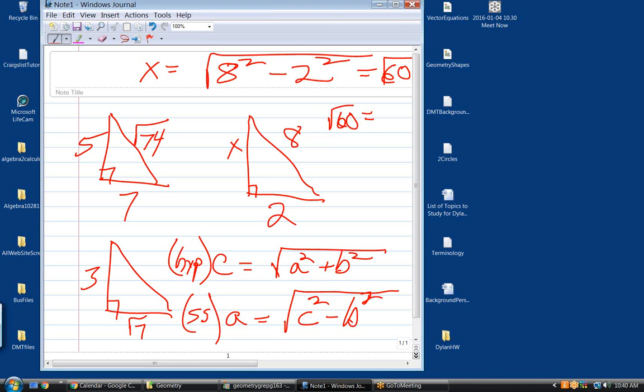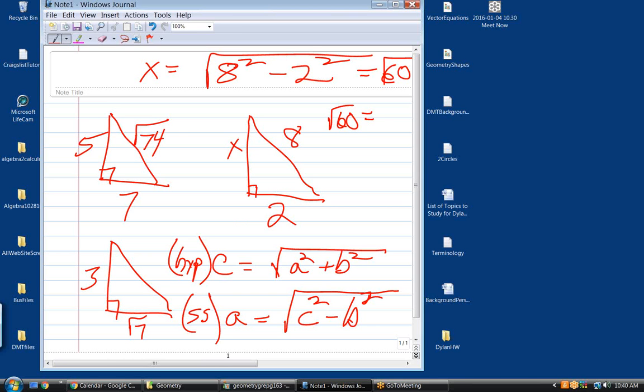Here's what you do to figure it out. You start going through your perfect square numbers. It doesn't matter whether I can divide it by 5. I could separate it into 5 and 12, but neither of those two are perfect square numbers.